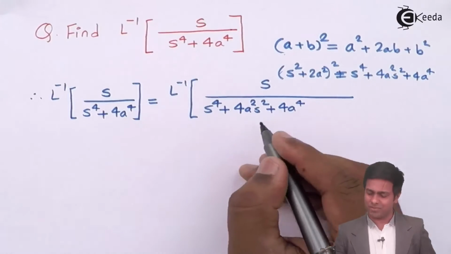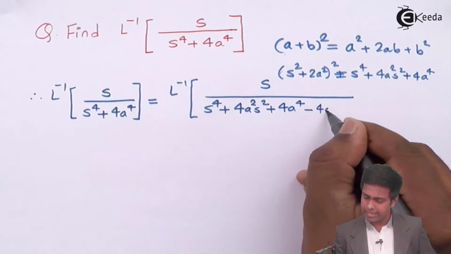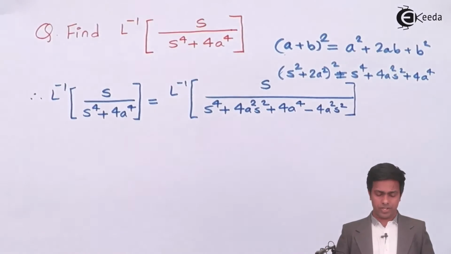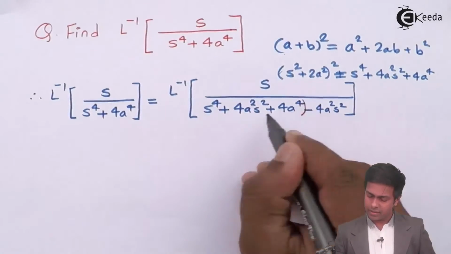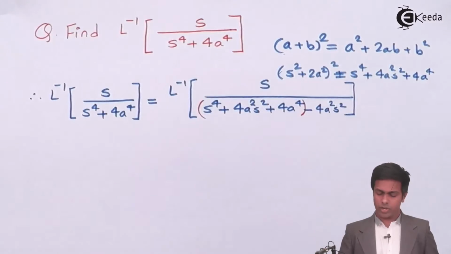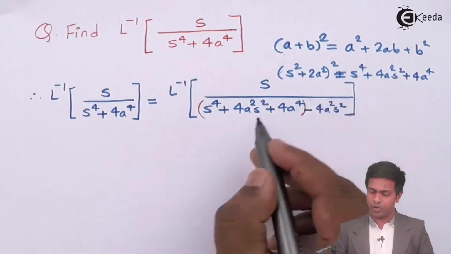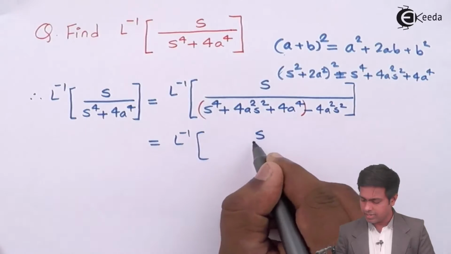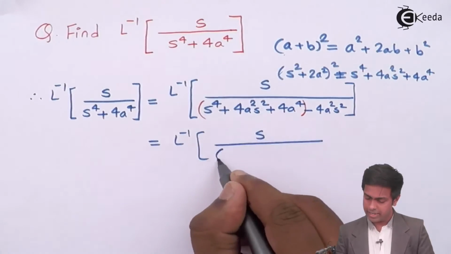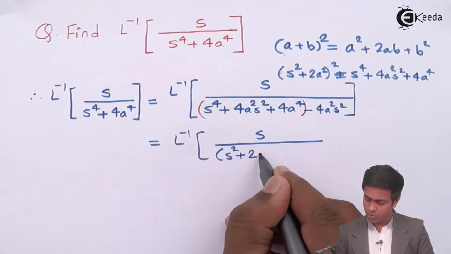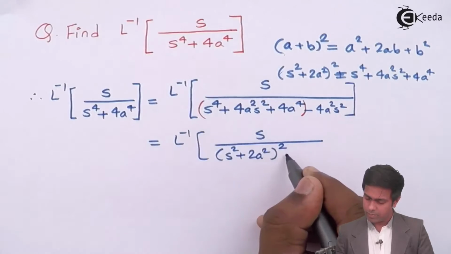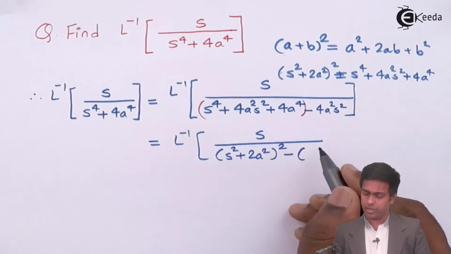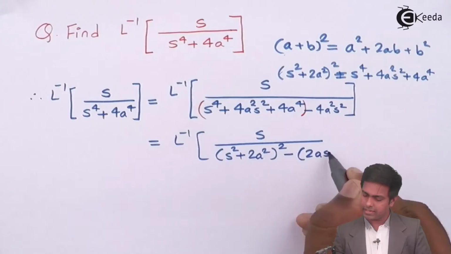Now I'll subtract the term, so that will become minus 4 times a square s square. Now, if you see the first 3 terms, they match this formula, so I can substitute it here and that will become Laplace inverse of s upon s square plus 2a square the whole square minus, now I can convert it into a square term, 2as the whole square.